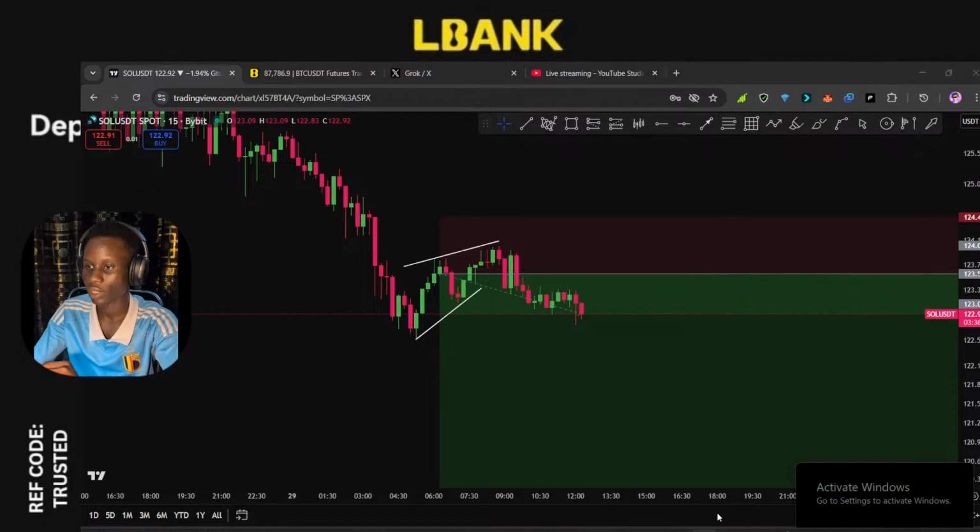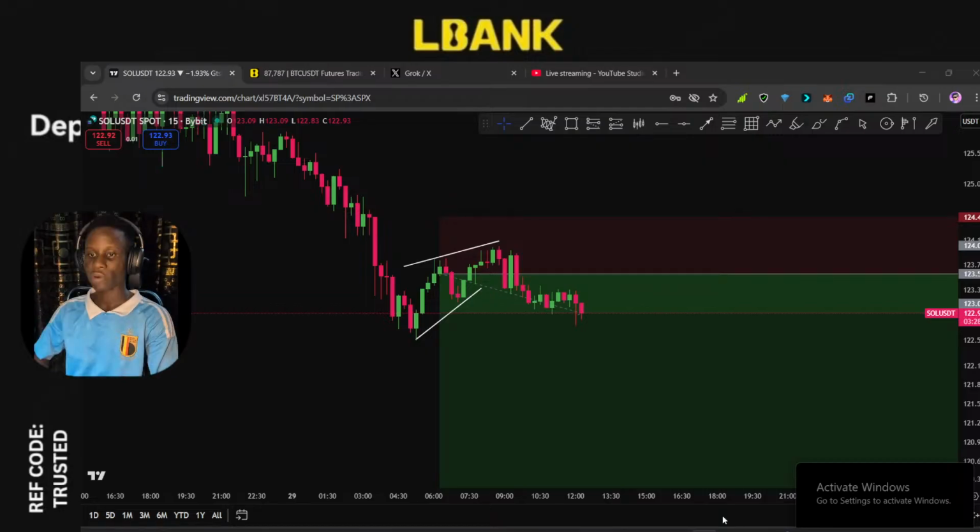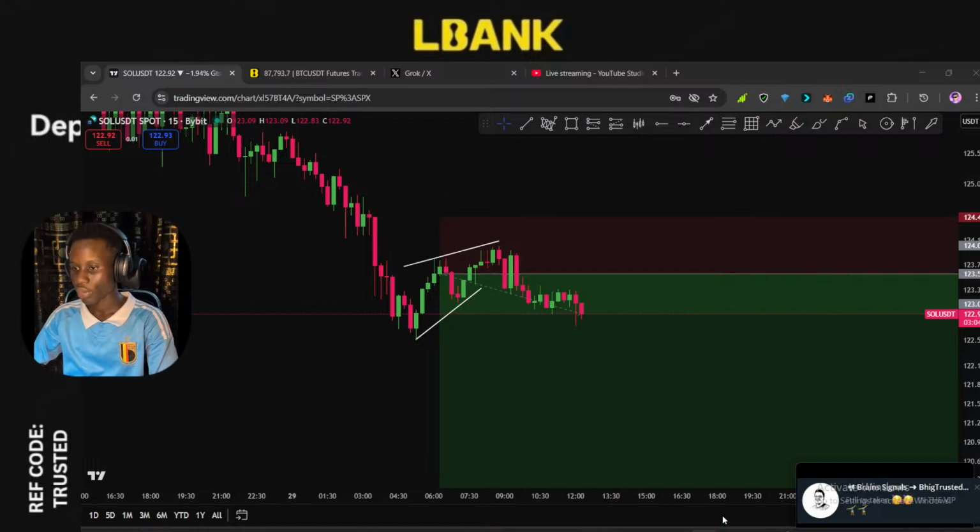I told you guys about having your bigger picture in mind, which is on your daily time frame, then looking for a reversal pattern on your 4 hours time frame, which is going to give you an edge for your price action pattern, and from that you'll be able to use your candlestick formation to do the necessary thing you need to do. Okay, so now talking about avoiding false breakouts.